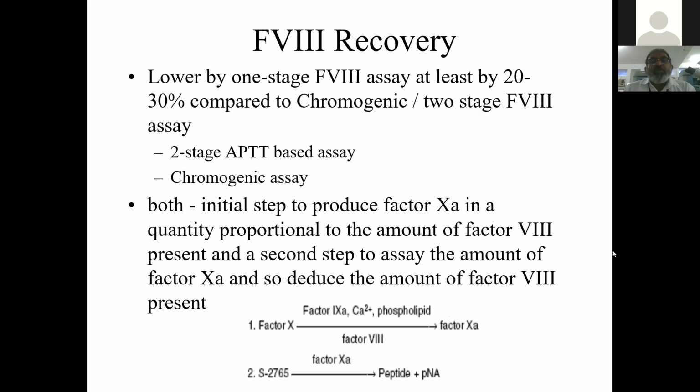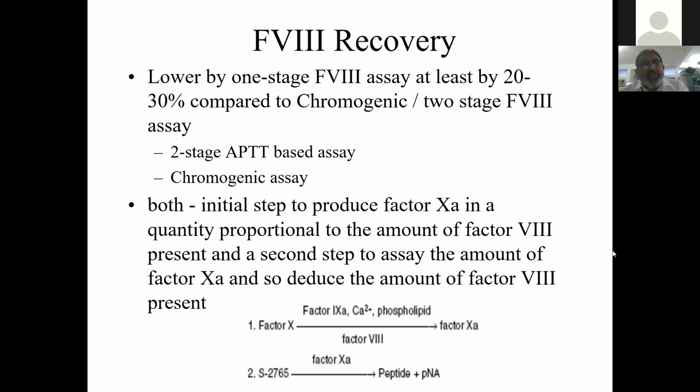So now what was happening is, as people were gaining knowledge on the recovery assays, especially when recombinant factor VIII assays came. This even happened with intermediate purity and high purity factor VIII concentrate. It was found out, or retrospectively identified, that the one-stage assay is underestimating the factor VIII that was infused, as per calculation, by 20 to 30% compared to chromogenic assay and a two-stage factor assay.